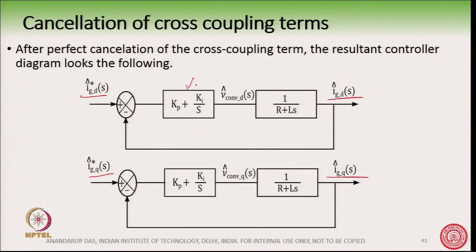You have a Kp plus Ki by S, and you have a 1 by R plus Ls in this. We have one D axis controller, and there is one Q axis controller here. Okay. It is a very nice second order system, and we have full control over what we can do with it. We know exactly how this behaves.